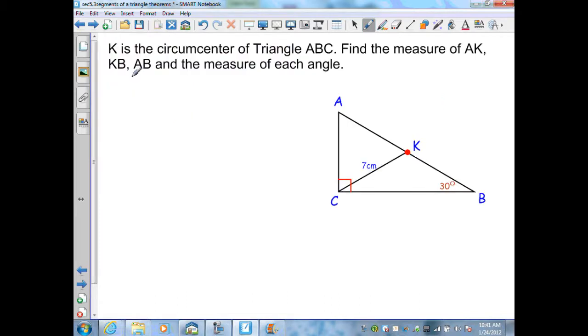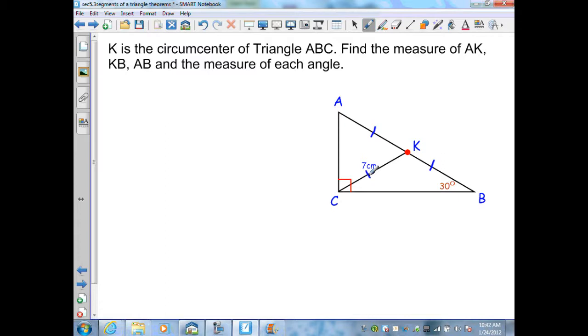In this example, we're given K is the circumcenter of the triangle. Therefore, if I found all the perpendicular bisectors of the three segments of the triangle, they would intersect at the point of concurrency, the circumcenter, which is K. They want us to find the measure of AK, KB, AB, and the measure of each angle. From the theorem, we know that the circumcenter is equidistant to all three vertices. Therefore, AK, KB, and KC are all congruent.